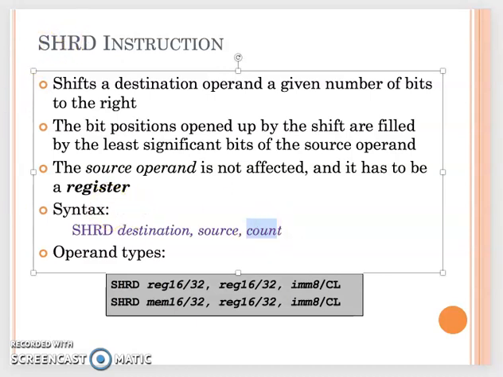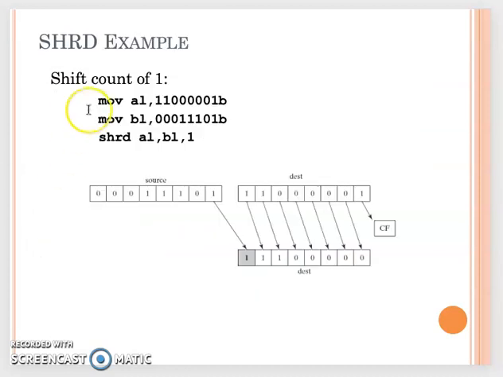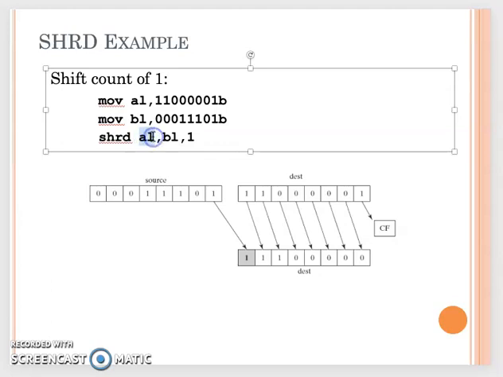So we see how we shift to the right. The same thing: for example, our destination operand is AL for 1 byte, and our source operand is 1 byte. Since we shift to the right, I usually put my destination operand on the right hand side.